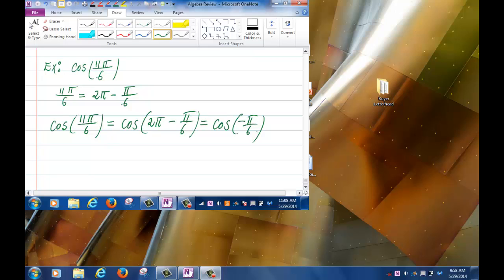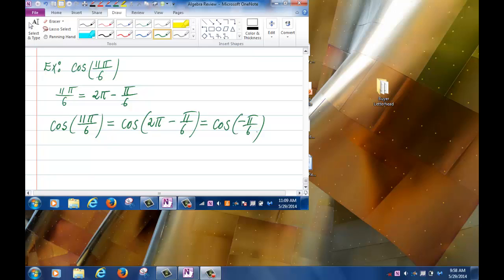I don't understand why you change from 11 pi over 6 to 2 pi minus pi over 6. Oh, okay. What I try to do is, in the numerator, I'm trying to write the numerator as a multiple of 6 plus or minus something.